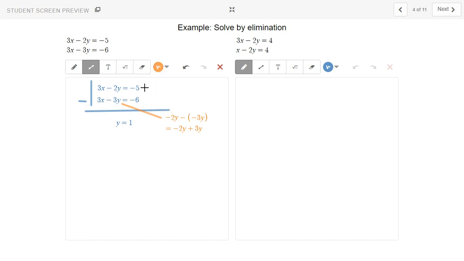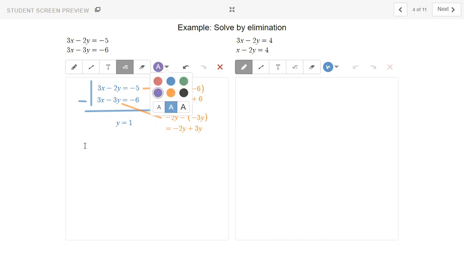So just to write that out again, negative 5 minus 6, and that's equal to negative 5 plus 6. Okay, we've solved for our first answer.